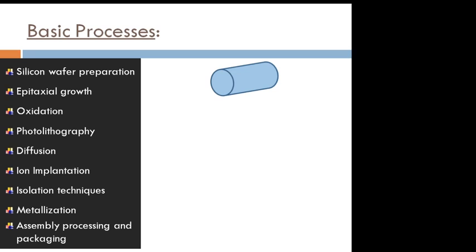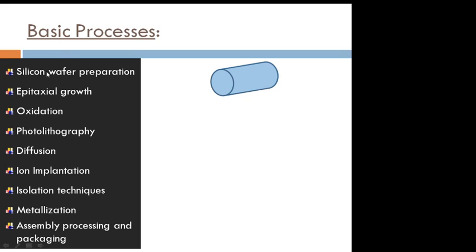We have seen in the previous lecture that there are several basic processes for fabrication of a monolithic IC, and here is the list of the basic processes. The very first 7 processes are repeated for a single component or for many components.